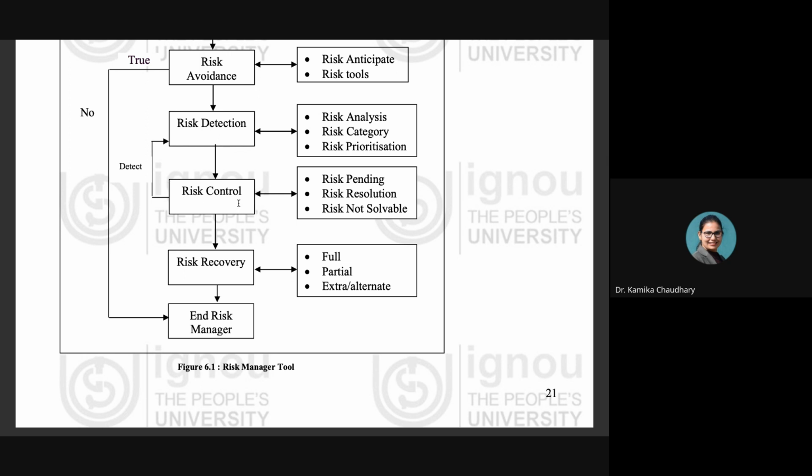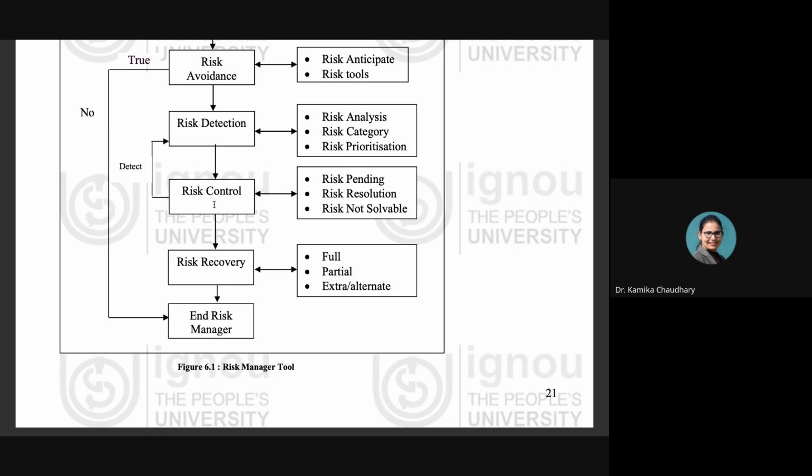Risk control is going to control those risks with the help of risk pending. It tells us what risks are pending, what risks are resolved, and what risks are not solvable, right? If another risk is found by the risk control, it is again sent to risk detection to detect whether it is a risk or not, right?